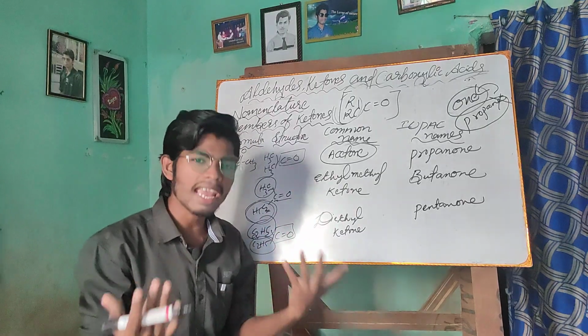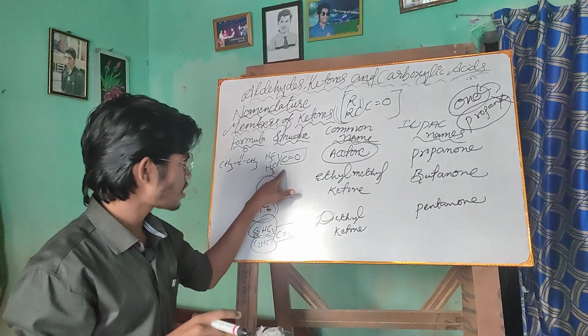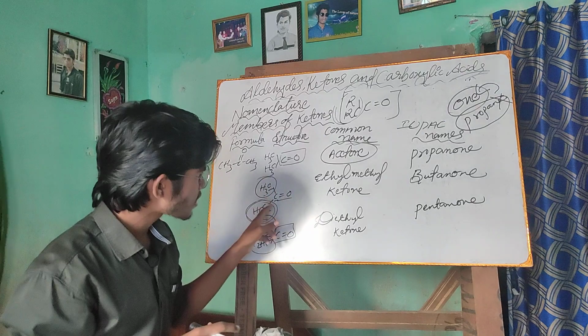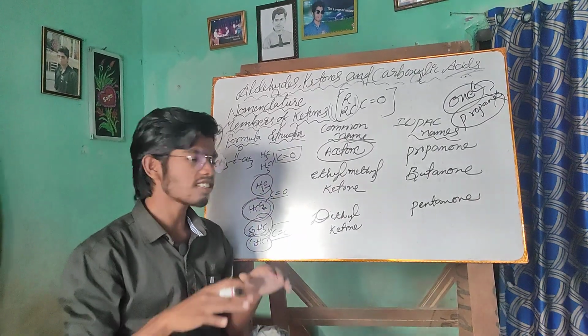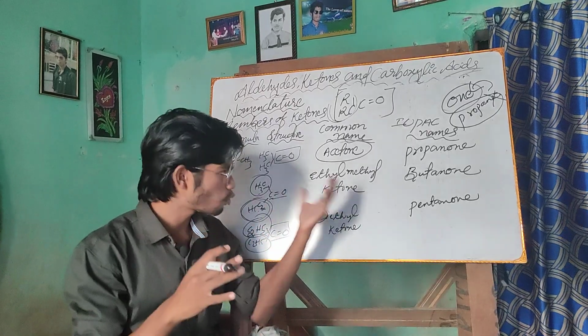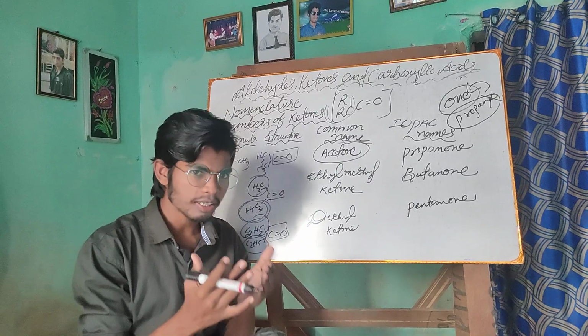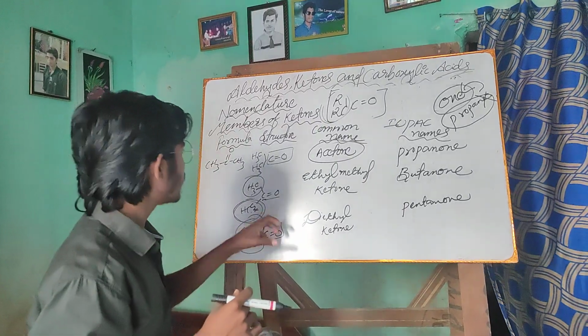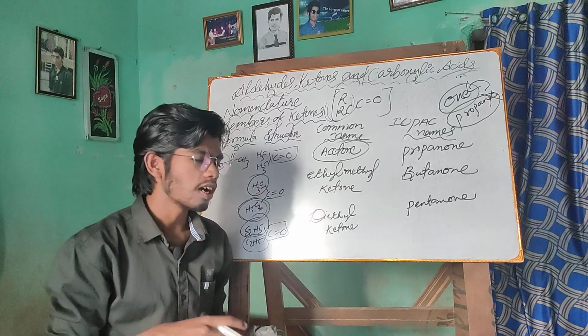Since these are repeated, you need to remember the names of these compounds: CH3COCH3 means acetone, and here it is ethyl methyl ketone and diethyl ketone. I think these three members will help you a lot to remember the names of the ketones. Well, this is all about the members of the ketones based on the general formula.